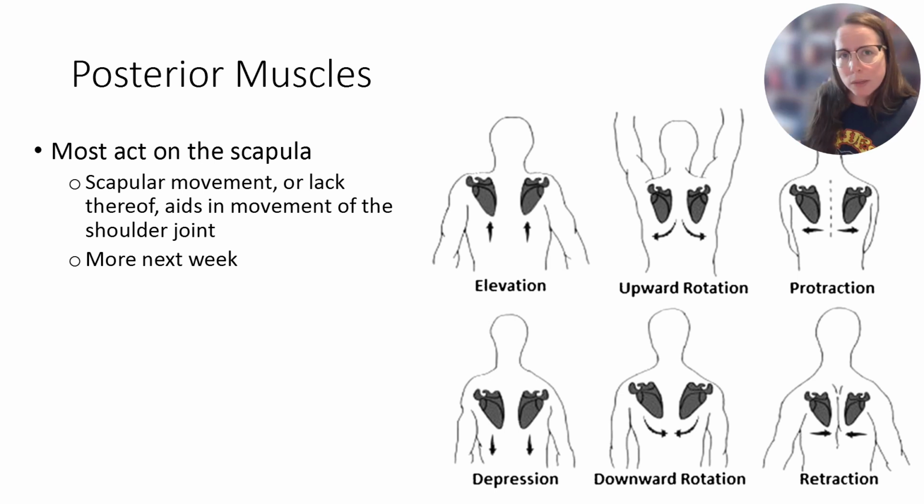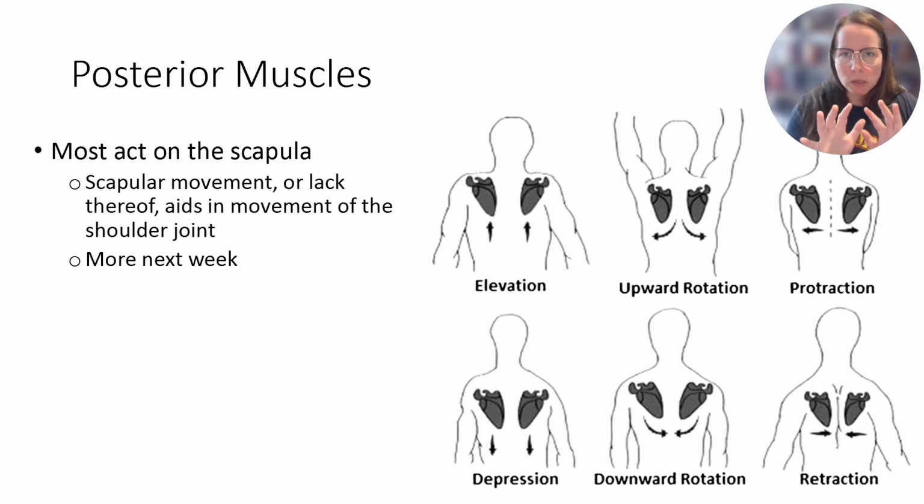Now again, the posterior muscles, as I alluded to earlier, on the back, we're going to look at some of them today as they relate to moving either the upper limb or moving the scapula. But we'll also look at a lot more next week, with their main job being activating and moving that upper limb.